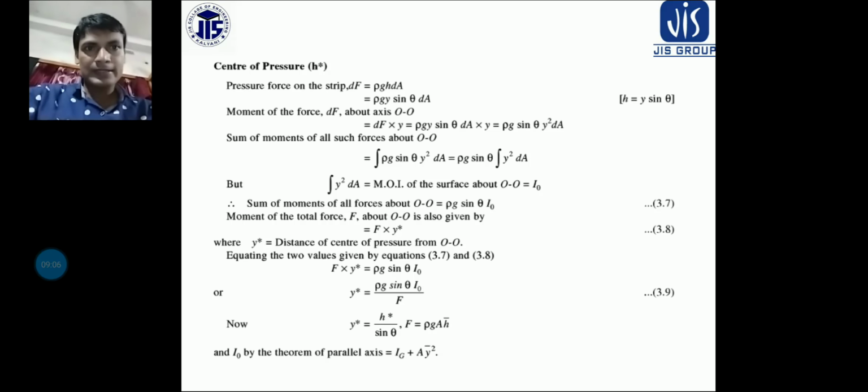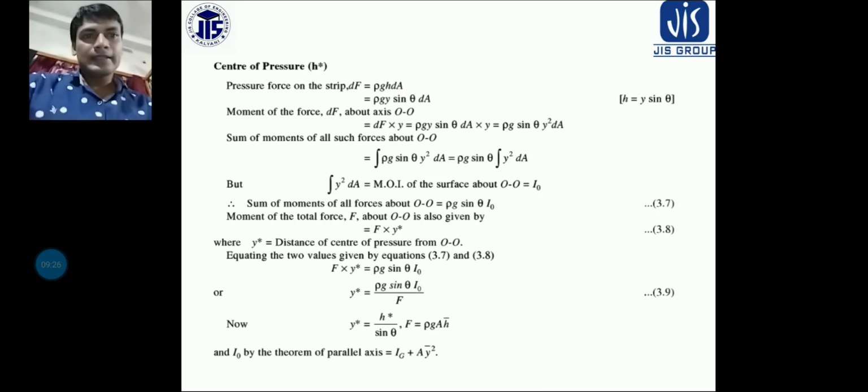So therefore the sum of the moments of all forces about OO is equal to rho g sine theta I naught, and the moment of the total force F about reference plane OO is given as the total force F, and the distance should be taken as y star because this is the center of pressure. So y star is what? Distance of the center of pressure from reference plane OO.